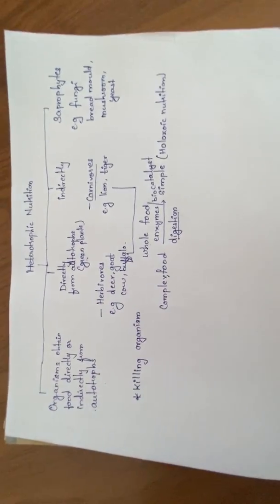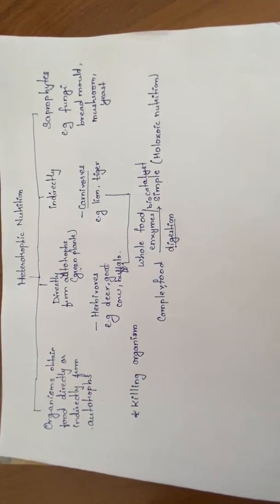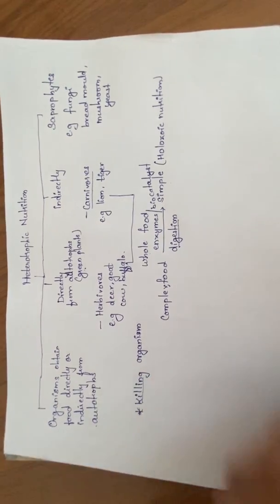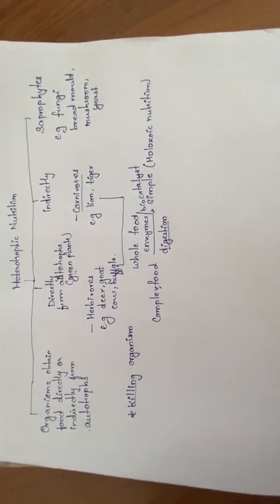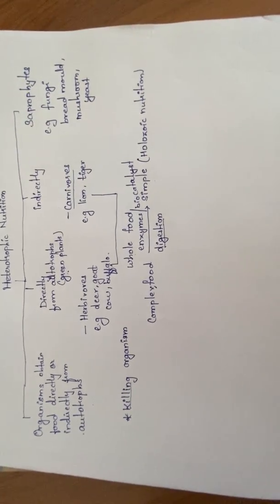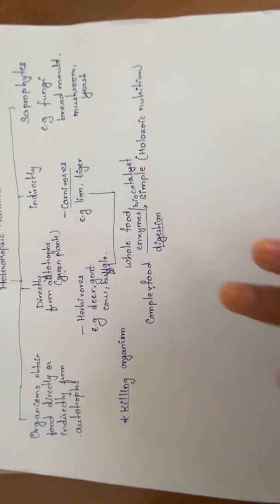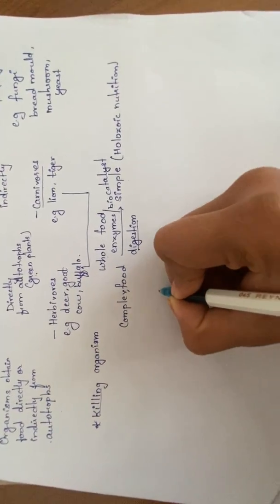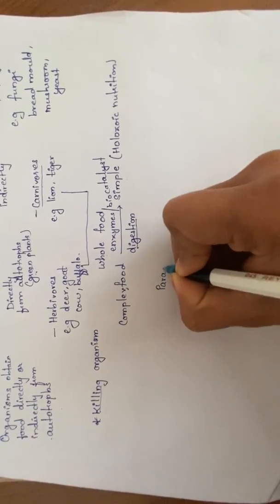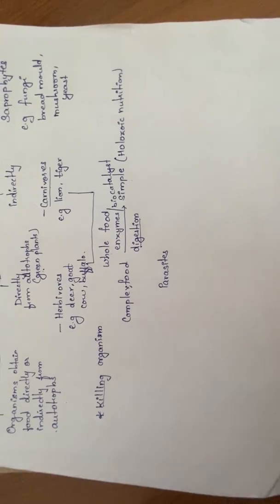So my point here is, are there organisms which obtain nutrients without killing the organism? Are there organisms which obtain nutrients from living organisms? Yes, there are, and those organisms are called parasites. What do parasites do?